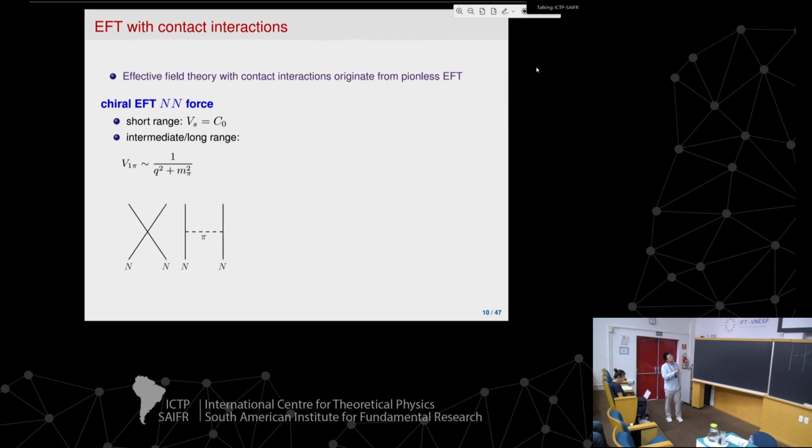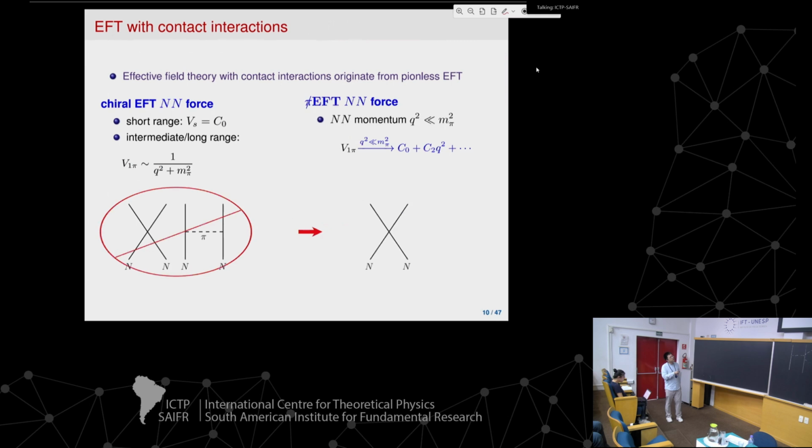So you can look at the pion exchange diagrams, and assuming that Q is much smaller than the mass of the pion, then you can perform a Taylor expansion to truncate these pion exchange diagrams into different contact terms, starting from a single constant contact term, then a term that has a Q-squared dependence.